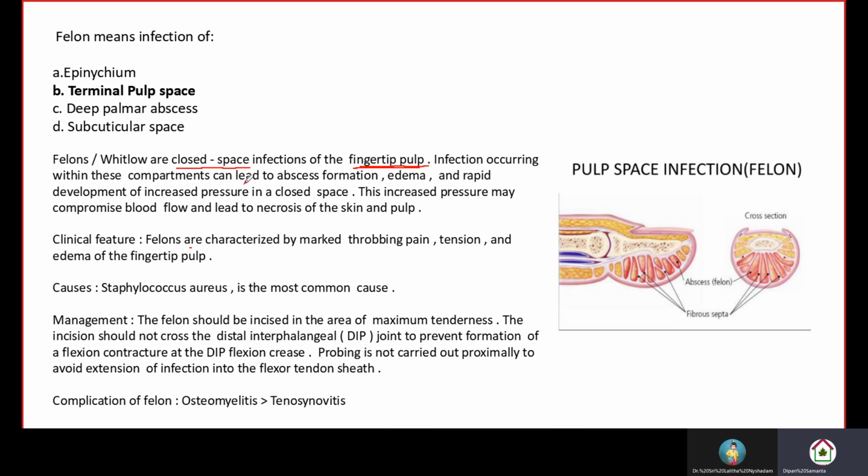Infection occurring within these compartments can lead to abscess formation, edema, and rapid development of increased pressure in the closed space.